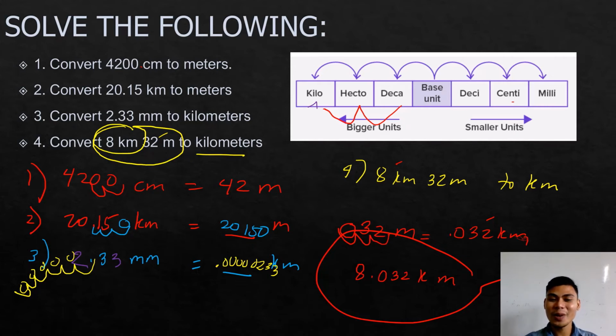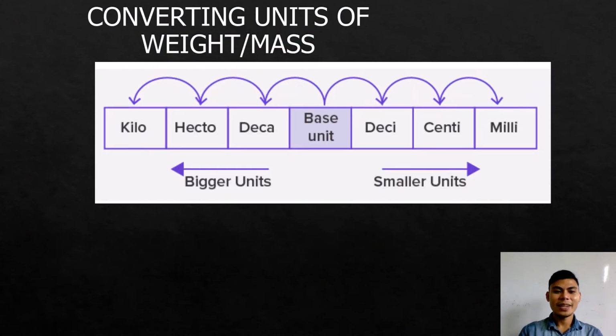Why did I tell you to memorize or familiarize? Because that's also needed. Now, for converting units of weight or mass, we talk about grams. Pero gamit lang po ang concept na ito. This illustration. So memorize again. We will use gram now.